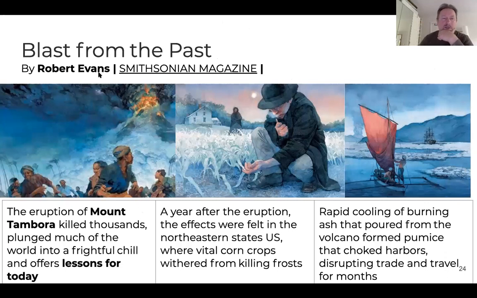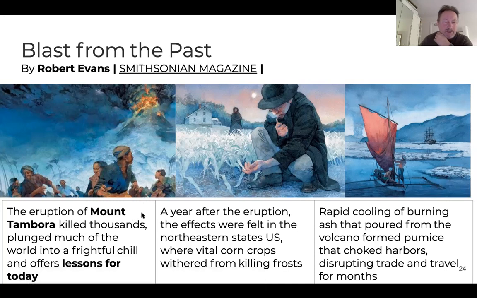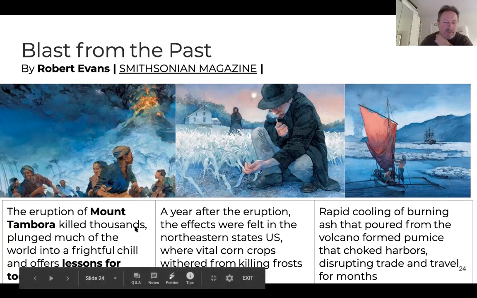So, a blast from the past, this is the link to the paper in Smithsonian Magazine. The eruption of Mount Tambora killed thousands, plunged much of the world into a fruitless chill and offers lessons for today.